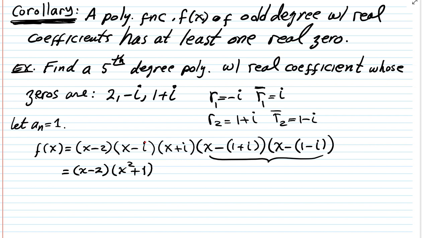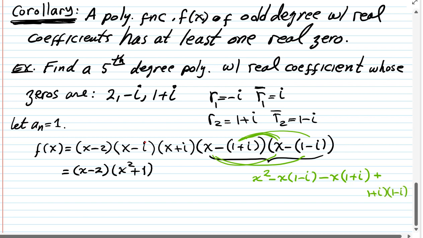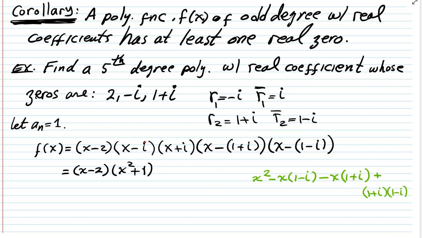When we multiply this one, let's do that one separately. Okay, when I multiply this, I'm going to distribute x times the binomial, and then the complex number times the binomial. So x times x, that's x squared, negative x times 1 minus i, negative x times 1 plus i. I just did this part. And then finally, negative times negative is going to be plus 1 plus i times 1 minus i. Okay, so there, we just did FOIL in here.